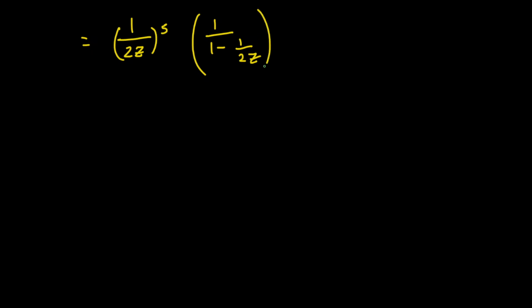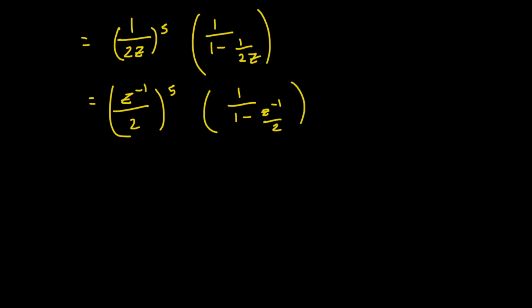So this one multiplied by that, and that's our Z transform. And instead of this one, you can also write it as z power minus 1 over 2 power 5, and also this one as 1 over 1 minus z power minus 1 over 2, but it's the same thing.